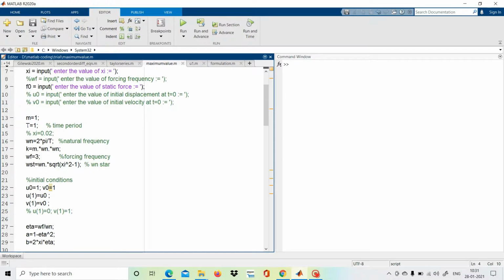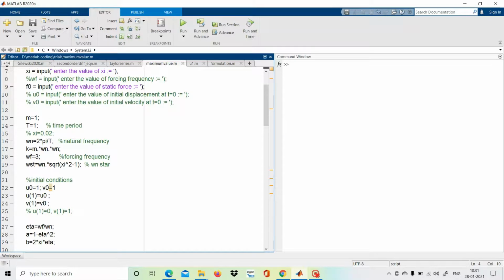So omega n, the natural frequency, is 2 pi by the time period T. K is the stiffness, which is m into omega n square. Omega f is the forcing frequency, so we have also written this.